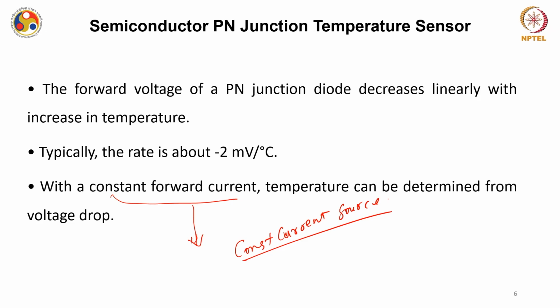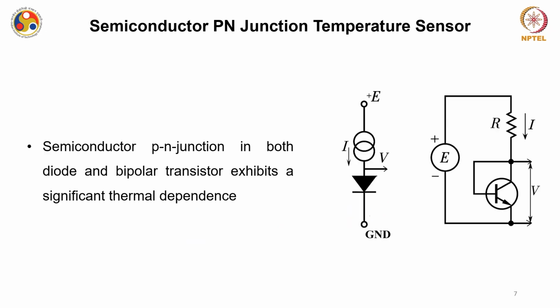That kind of constant current source can be used for biasing so that temperature can be determined from a voltage drop.